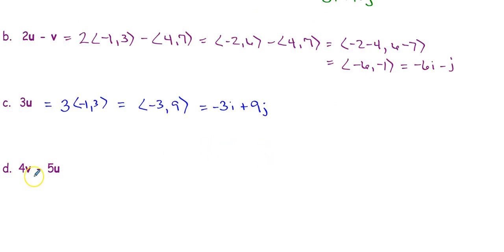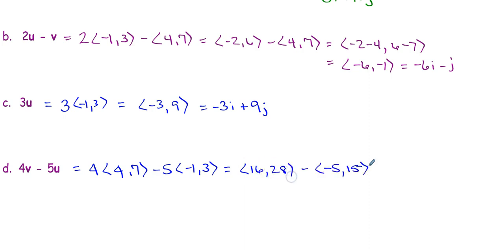Finally, we're going to do 4 times v minus 5 times u. So we're going to go 4 times v, which is 4, 7, minus 5 times u, which is negative 1, 3. So again, remember, we're going to do the scalar multiplication first. So this is going to give me 16, 28, minus negative 5, 15. You could have distributed the negative and changed that to a plus sign if you wanted.